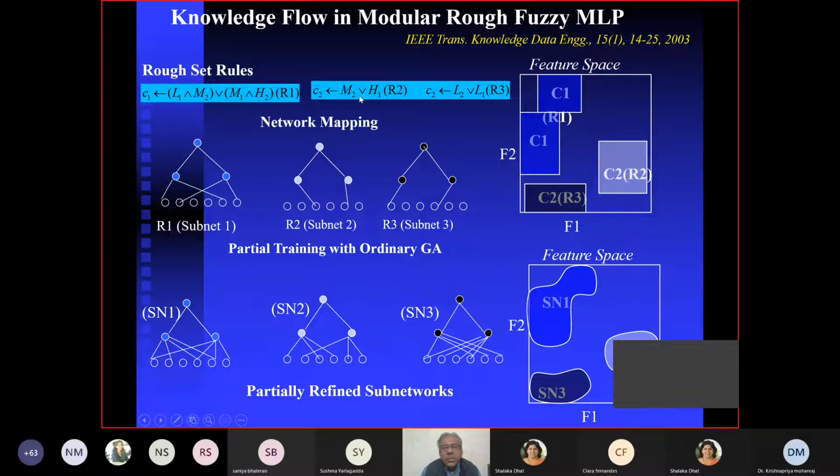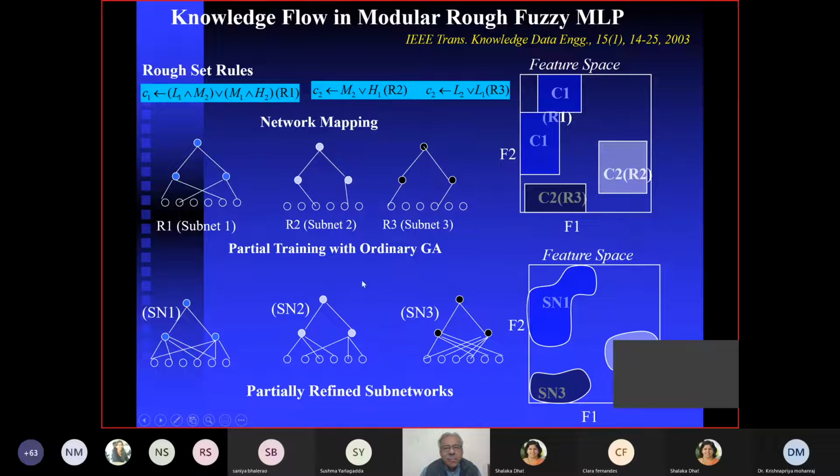Similarly, for class C2: second feature is medium and first feature is high, or this. Similarly, second feature is low and first feature is also low, high. So these two constitute these two regions.